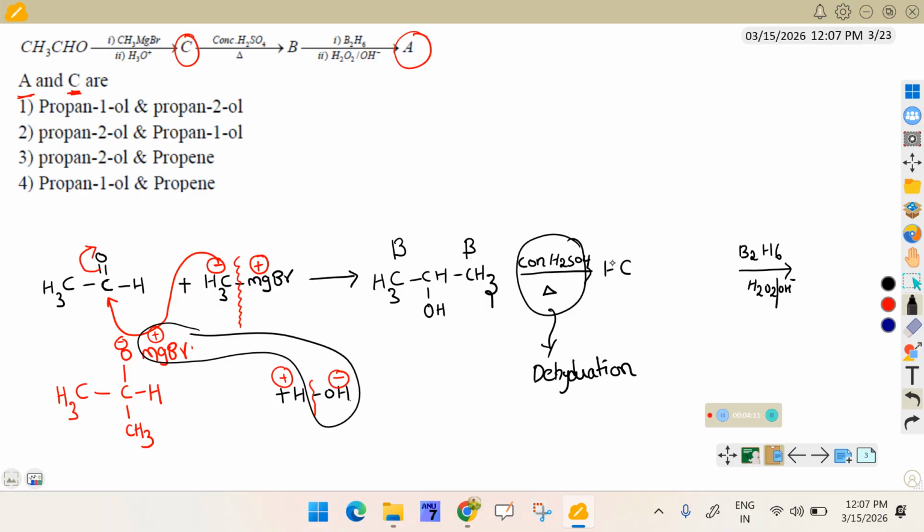Then it gives but-1-ene, CH3CH double bond CH2. Further, it reacts with B2H6, H2O2, OH minus. This process is named hydroboration oxidation. Hydroboration oxidation follows anti-Markovnikov's rule.